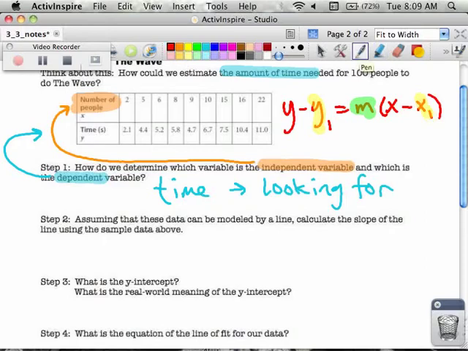That's why they call it point slope. So anytime you want to do that, you need number 1, a point, and number 2, a slope. So in order to do that, we're going to calculate the slope of this line.